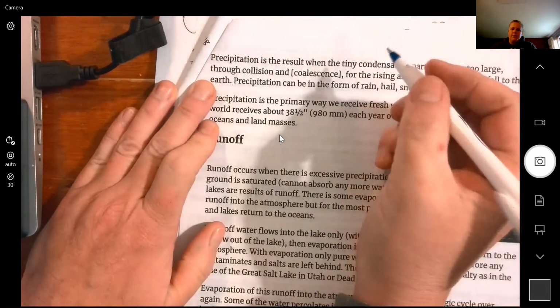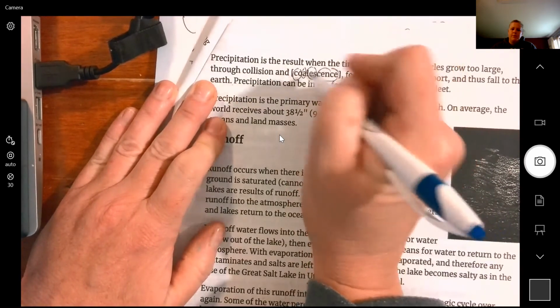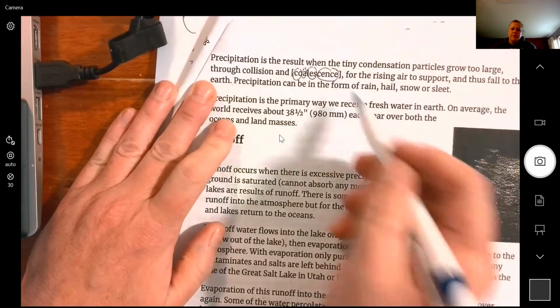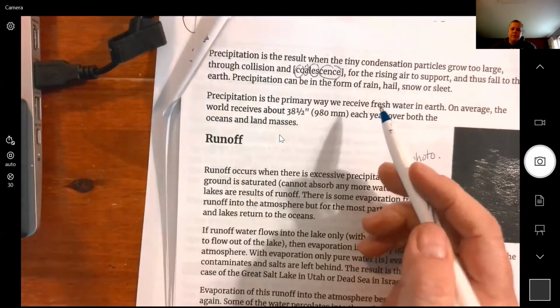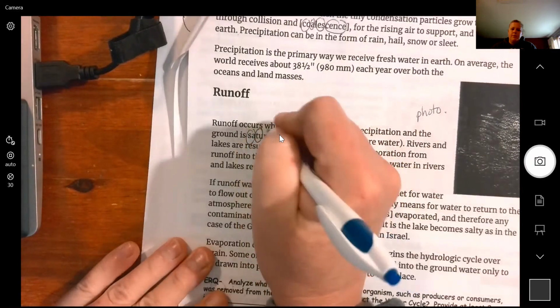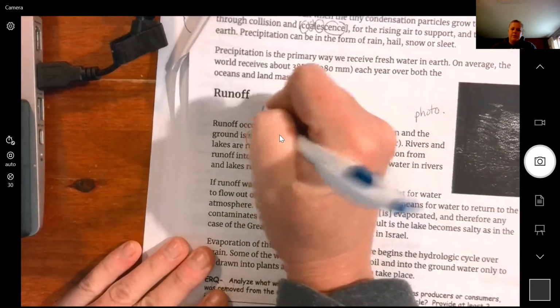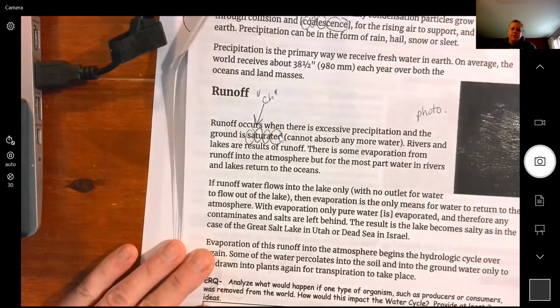We haven't had this one. Coalescence. Not coal essence, coalescence. Saturated. Remember the T sounds like ch. Saturated, not saturated.